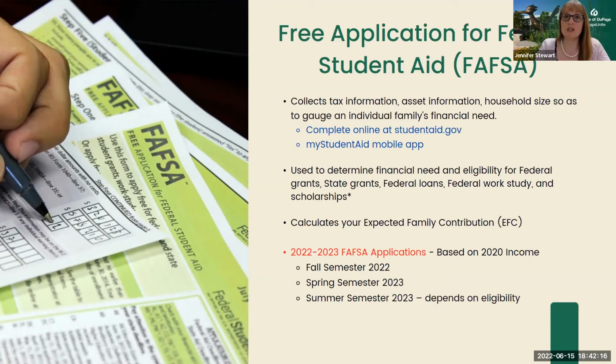If there has since been a change of your income, maybe loss of benefits, you lost your job, you were furloughed, you want to reach out to our office and inquire about what's called a professional judgment. We sometimes refer to it as a special condition. That would allow us to go into your FAFSA and manually change that income information so it more accurately reflects the income that's currently being used.